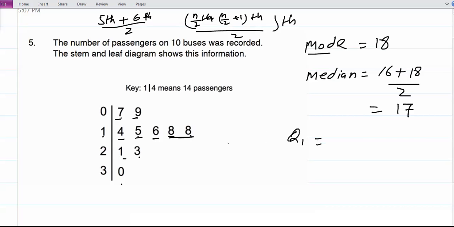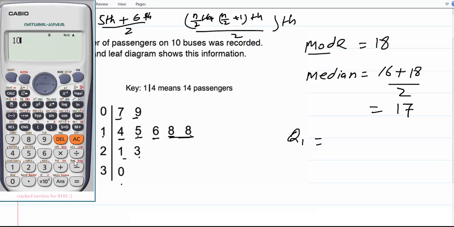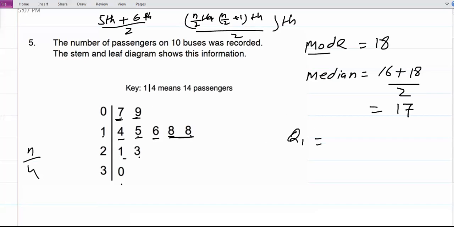Now Q1. Q1 again will be n over 4. If you take n over 4 in this case, 10 divided by 4, so 2.5, meaning move to the third value. 1, 2, 3. So 14 is the Q1. Q3. Q3 is 3/4 of the n.